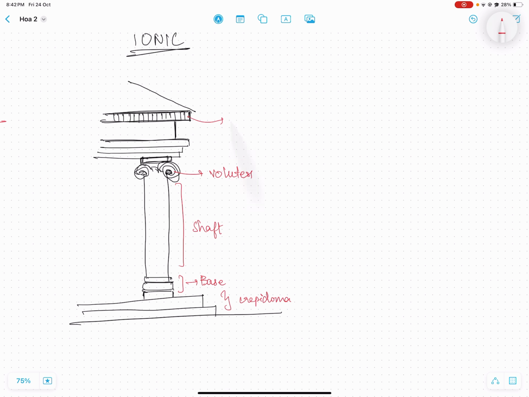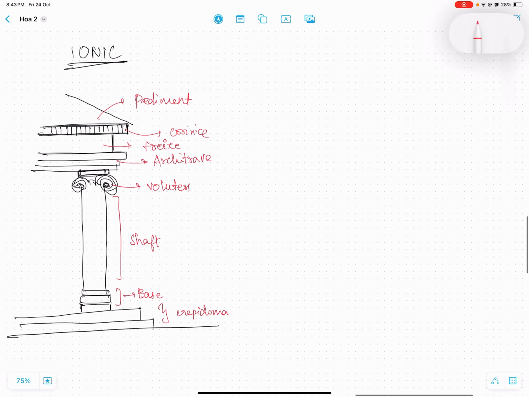We have our cornice, frieze, architrave, and pediment. So this is about Ionic, and this had more feminine characteristics and was the most slender of all three.